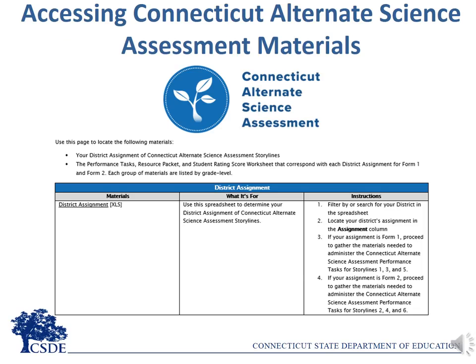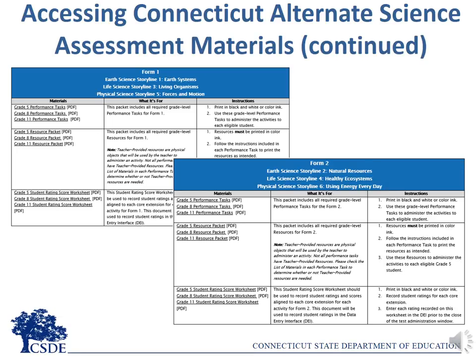Required materials to administer the Connecticut Alternate Science Assessment will be posted to the Connecticut Comprehensive Assessment Program portal in mid-March. These will include the district assignments, including the required form and grade-specific materials, along with the Connecticut Alternate Science Test Administration Manual and the Student Response Checklist. All materials needed to administer Form 1 and Form 2 will be included on the same page, but in separate tables.